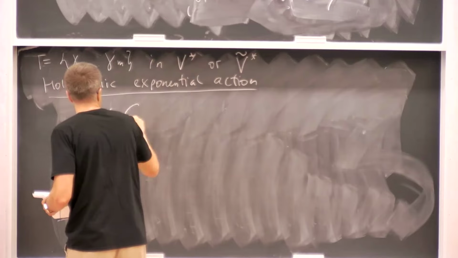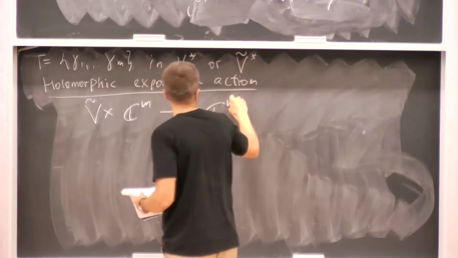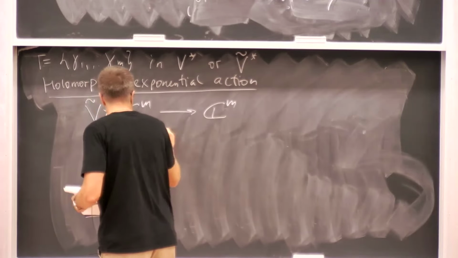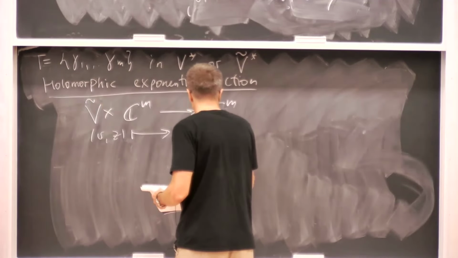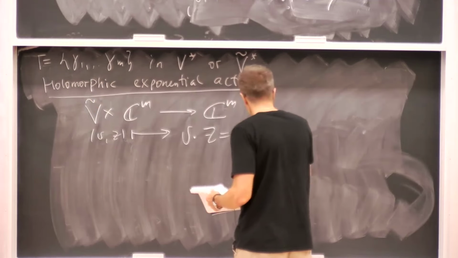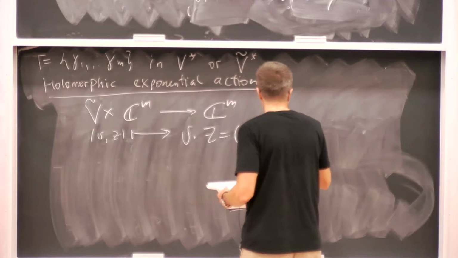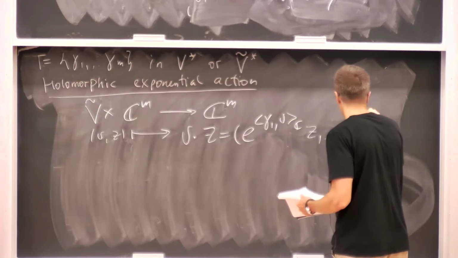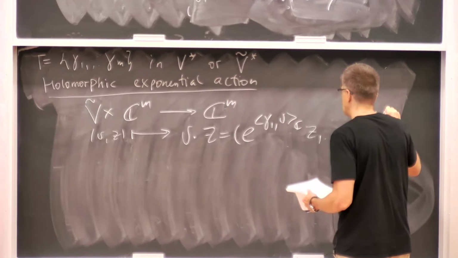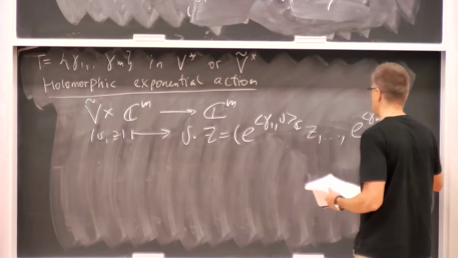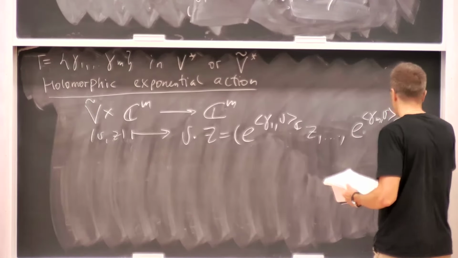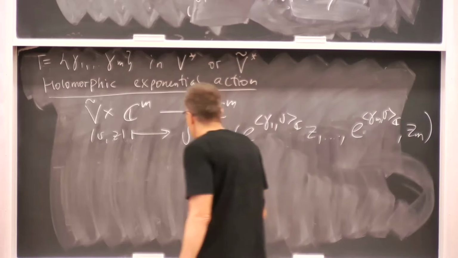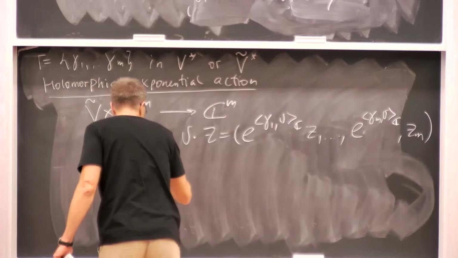Now you act by this complex space on m-dimensional complex space, again holomorphically. Here you have the complex inner product pairing, and you multiply. The two things are related by this commutative diagram.